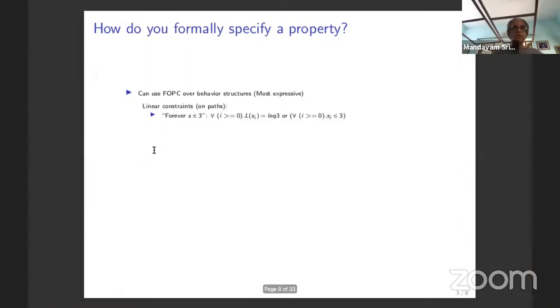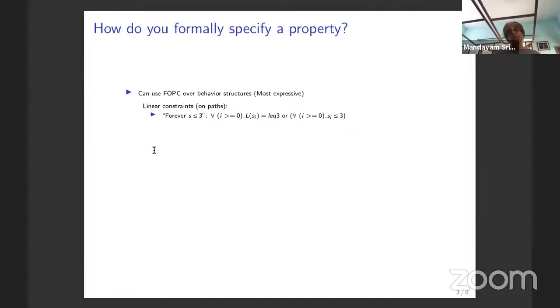So the question is, I've introduced you to two kinds of behaviors, and those are the kinds of behaviors that we want to study: dynamic behaviors of the system. Model checking has one component, the model, and the other is a way of specifying the property that you want to check, the expected behavior.